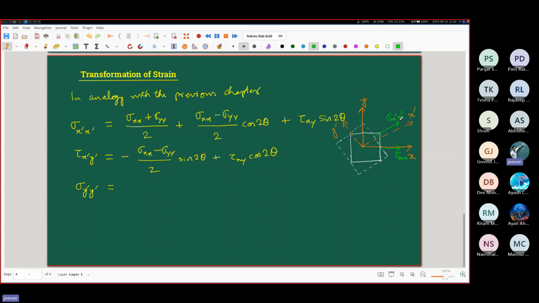So how do you obtain the sigma x dash from the sigma xx, the sigma yy and the tau xy? It has become a cluttered mess now. From your geometrical understanding, you tell me what should be the sigma y dash.